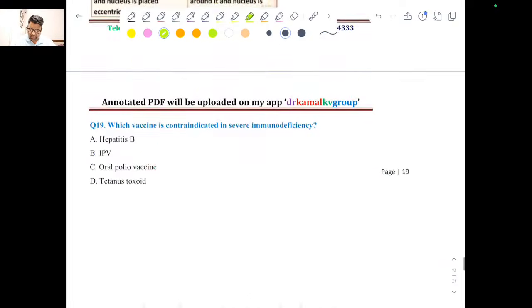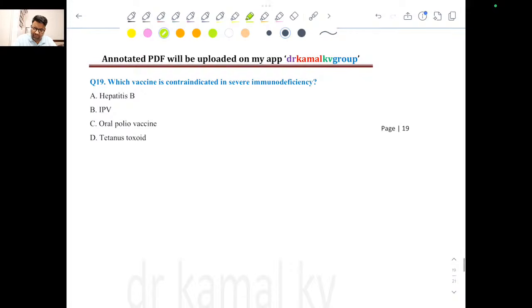Okay. Chalo. Next question, which vaccine is contraindicated in severe immunodeficiency state? So severe immunodeficiency.